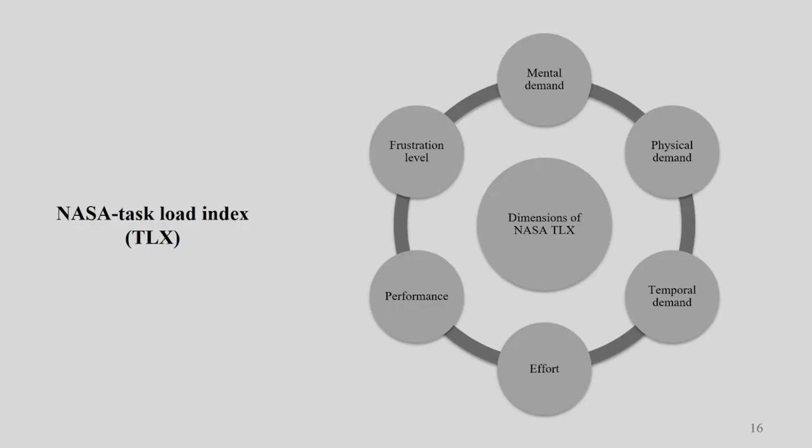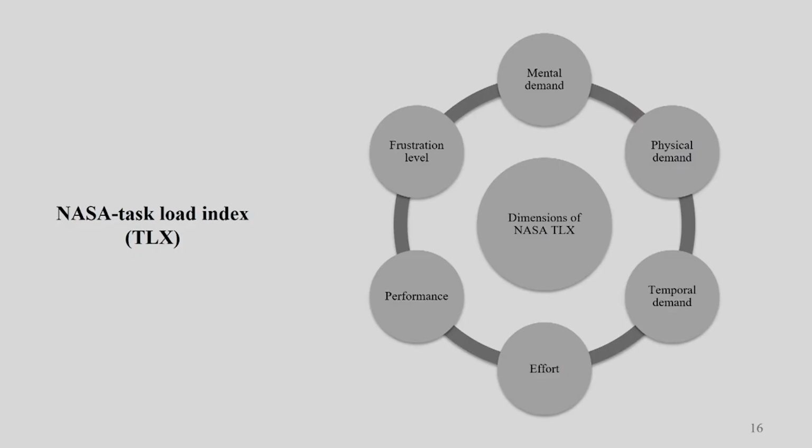So these are the main dimensions, okay, 6 major dimensions when we talk about NASA TLX. So mental demand, physical demand, because mental demand and physical demand are both very much connected. If you are physically tired, it may also cause you to be mentally tired. If you are mentally tired, you may feel you are physically tired.